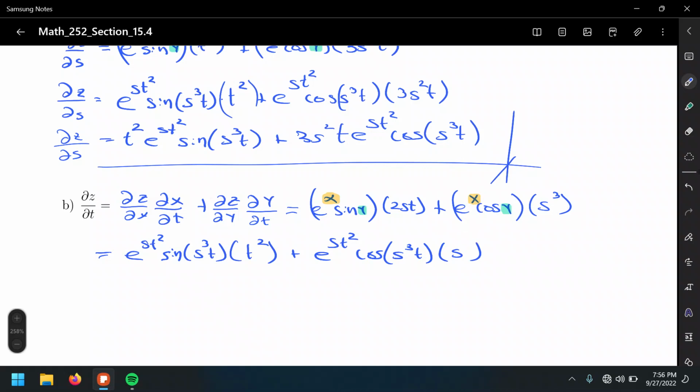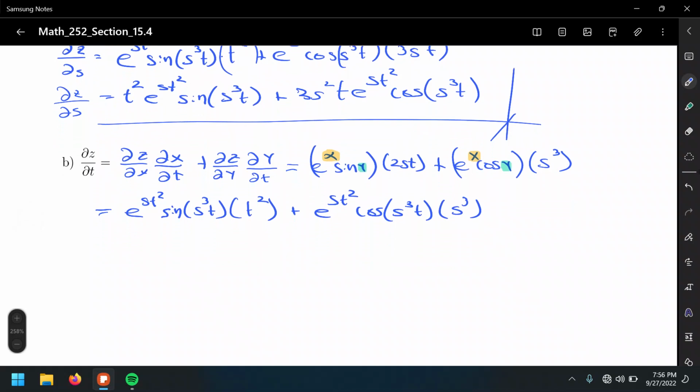Maybe factor out the exponential. No need. That's fine. All I'm going to do is clean up the parentheses. So that's going to put the polynomials in the front. t squared e to the st squared sine of s cubed t plus e to the st squared, or rather s cubed in the front, cosine s cubed t.